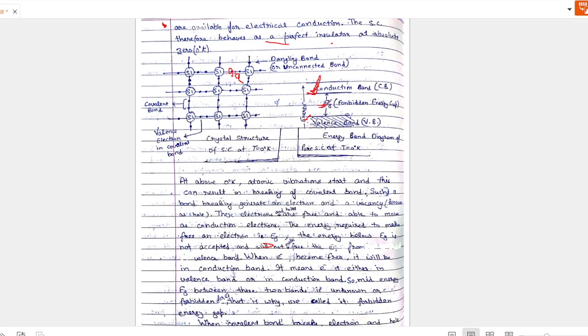If the energy is in between, the electron still lies in the valence band. That's why we call it the forbidden energy gap, because an amount of energy less than that of the conduction band is forbidden. Suppose the band gap is 100%, and if we provide 50% energy, we cannot see the electrons coming out from valence to conduction. That's why we call it the forbidden energy gap.